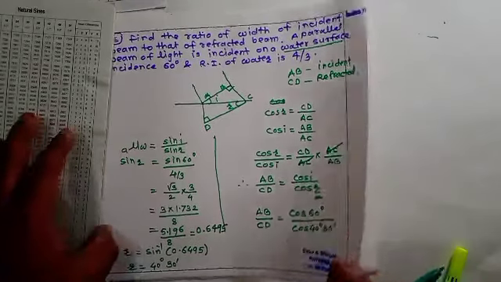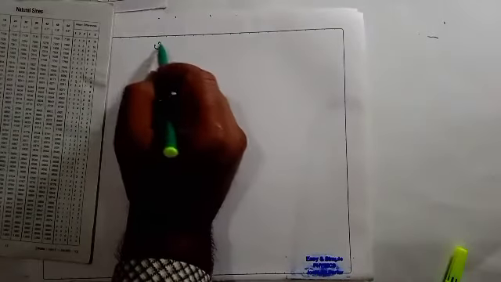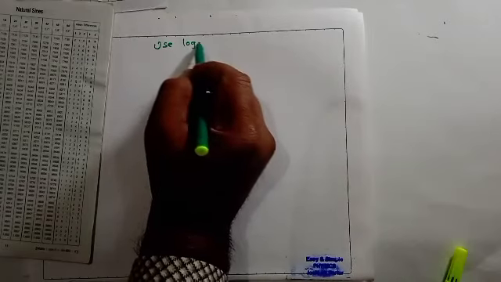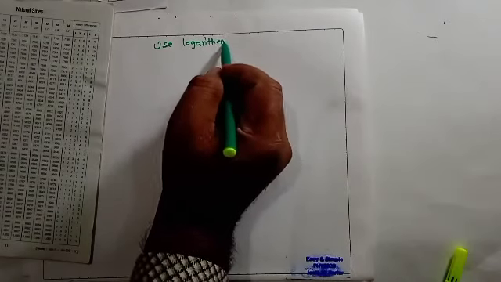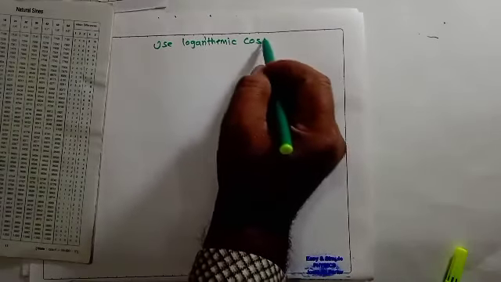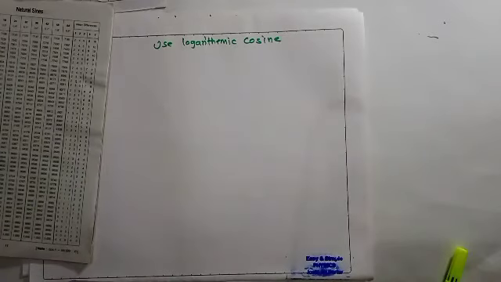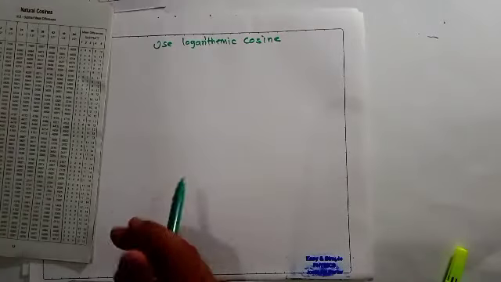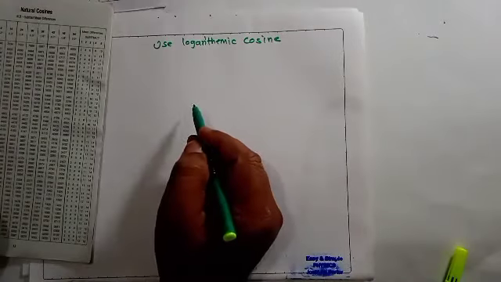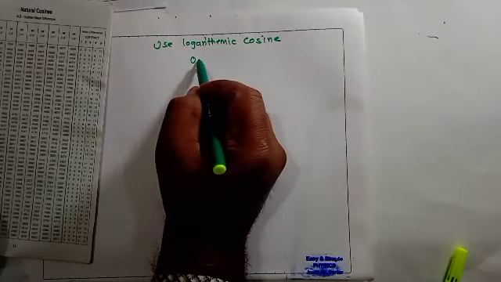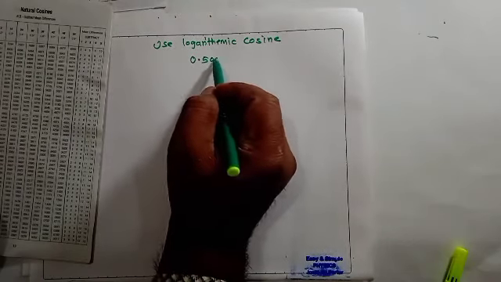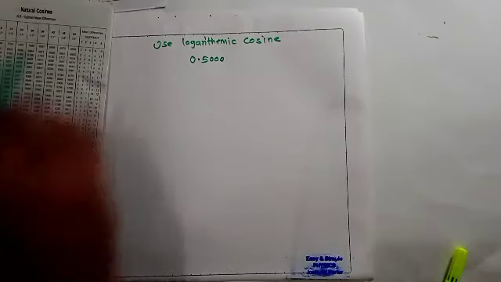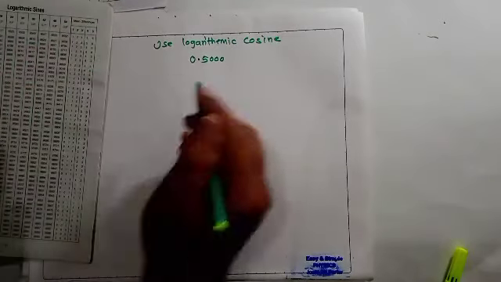So by using logarithmic cosine, in logarithmic cosine we can use 60 degree. For 60 degree it will be 0.5000, and we use logarithmic sine.